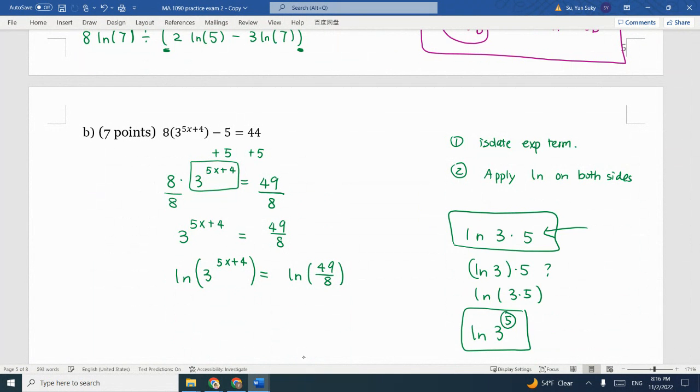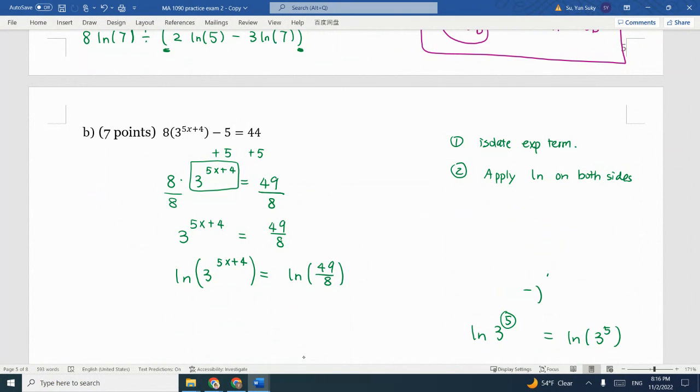The 5 is on the exponent of 3, so this means ln of 3 to the 5. In this case, whether we put parentheses or not doesn't matter. They mean the same thing. But if it helps you understand better, please feel free to put parentheses.